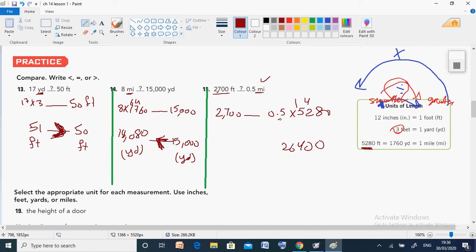So here I have one digit in the decimal. So I will count. The answer must contain the same. So the answer is 2,640.0 or 2,700. So 2,700 is greater than 2,640. Okay?